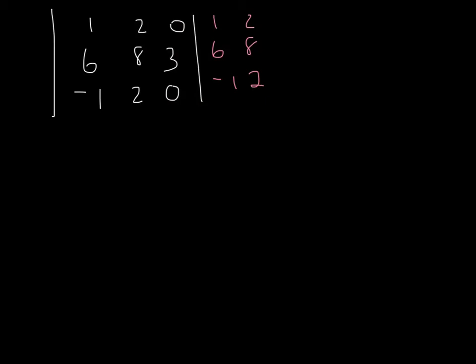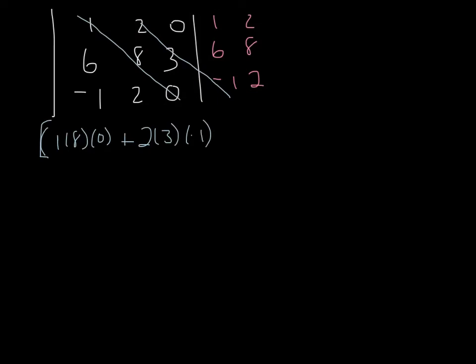So when I multiply them, I'm going to multiply 1 times 8 times 0. And then I'm going to add that to 2 times 3 times -1. And then I'm going to add that to 0 times 6 times 2.